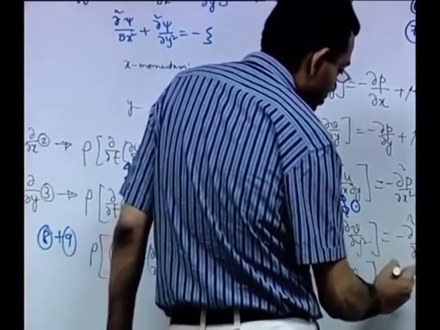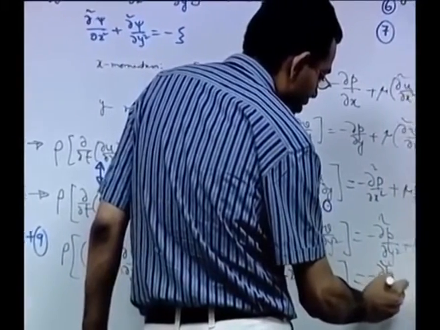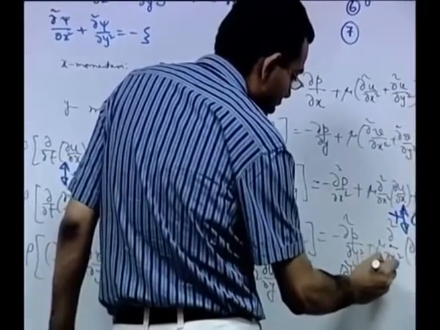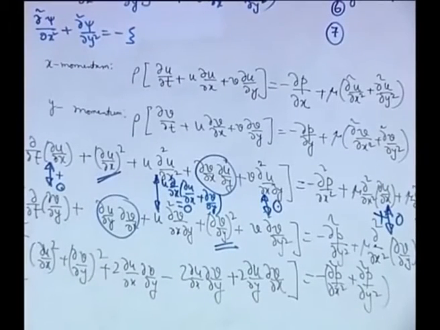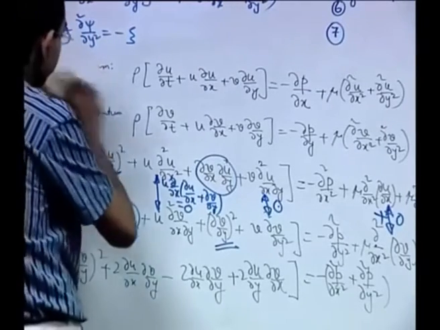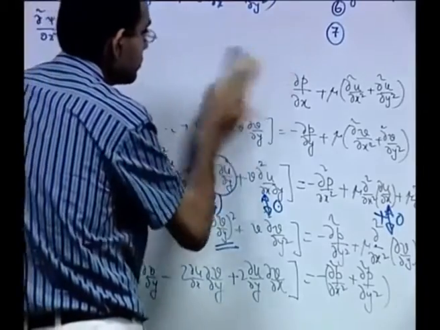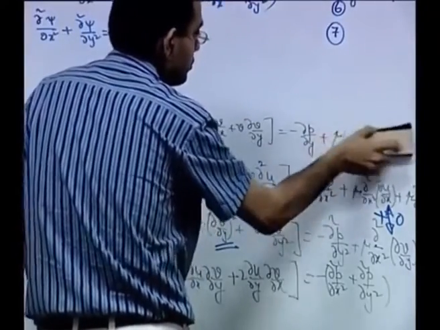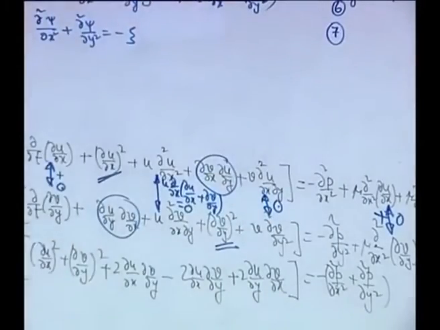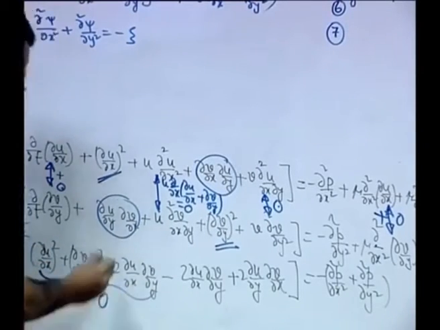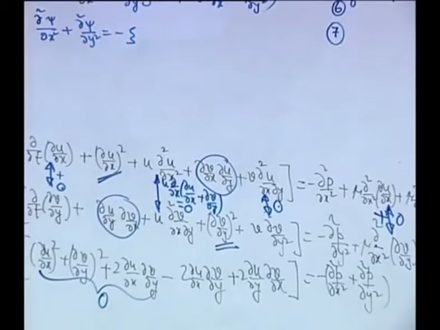So, you are left with minus del square p del x square plus del square p del y square. So, this part is 0 because this is del u del x plus del v del y whole square.